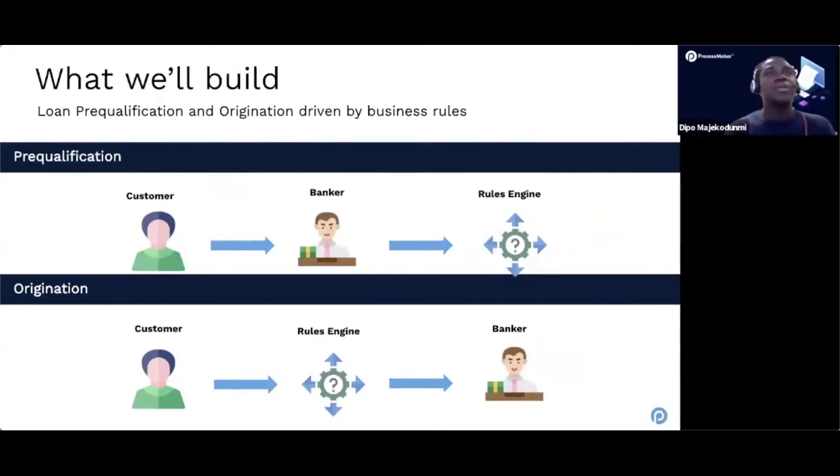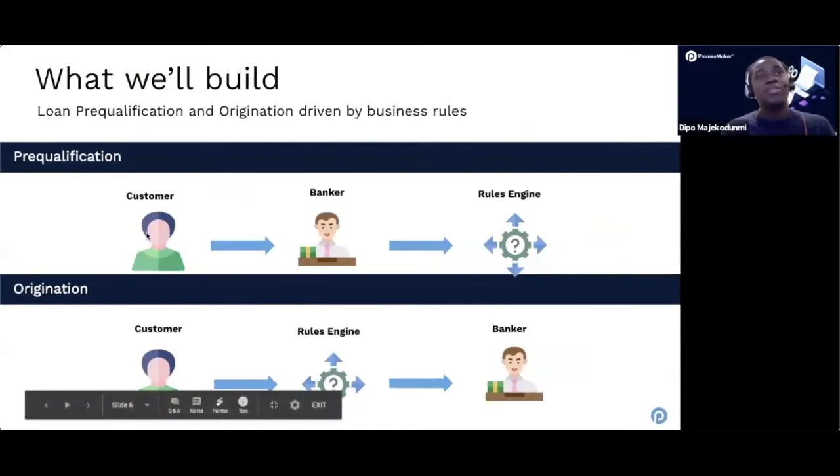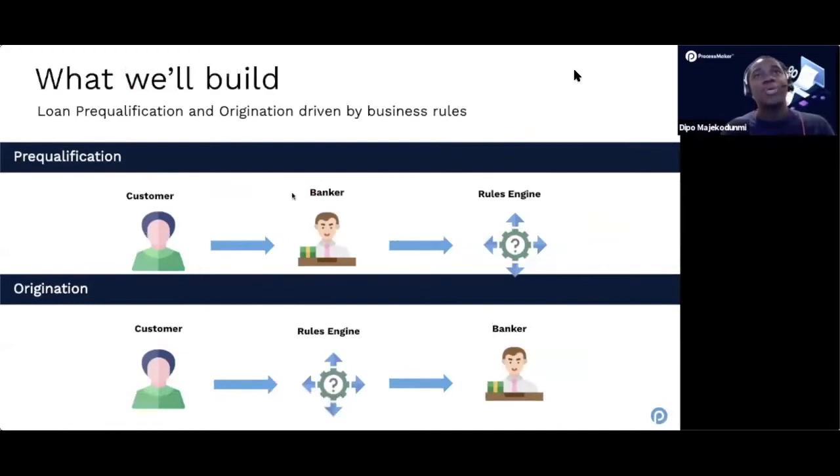The customer is interested in getting a loan from a bank, and we send that request to a banker who then adds his own opinion on the information filled in by the customer. And then we send that off to a rules engine to make a decision whether the customer is qualified or not. If the customer is qualified, we send the customer an email confirming that they're qualified, and then the customer can complete the loan application.